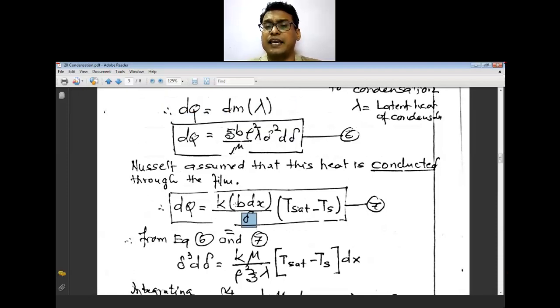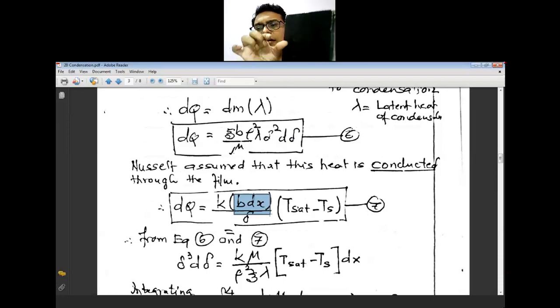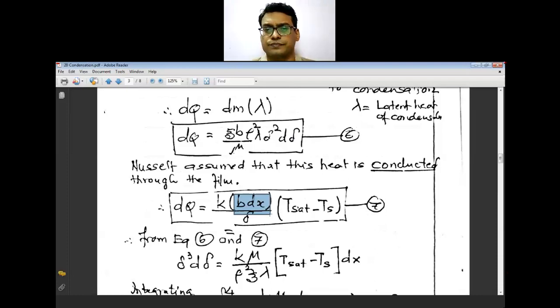K, and the area of cross section of the liquid film is B into dx, where B is nothing but the width. B into dx is the surface area, and the thickness is in this way. So the temperature gradient is T saturation to Ts.